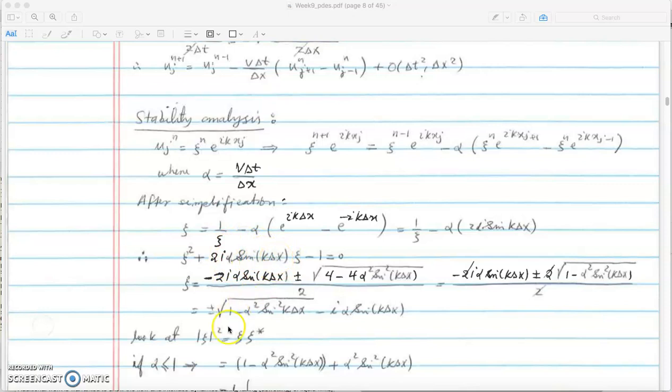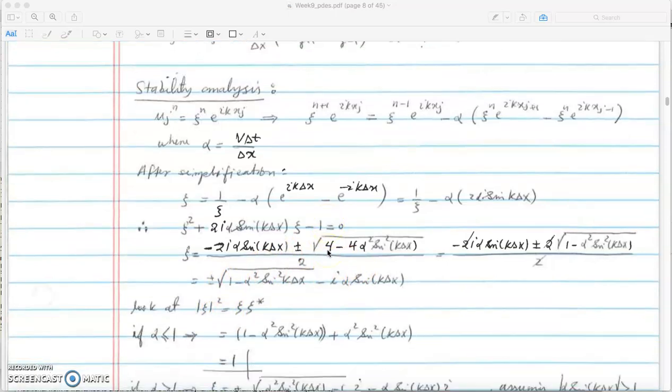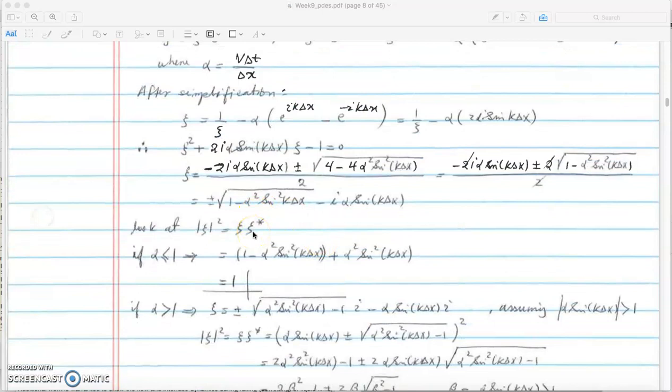All right, so we're going to look at the magnitude of xi. That means we have to multiply this by its complex conjugate, which is shown by xi star here. After we do this, we get the magnitude of xi squared is equal to this, because when you multiply this by its complex conjugate, you get the first term squared minus this term squared, knowing that the square root of minus 1 raised to the second power is negative 1.